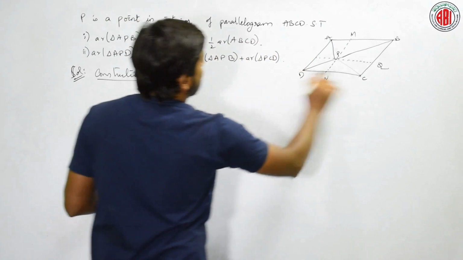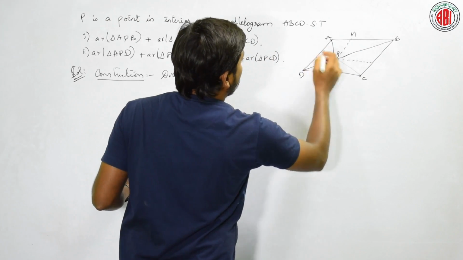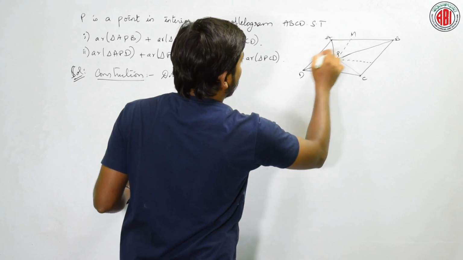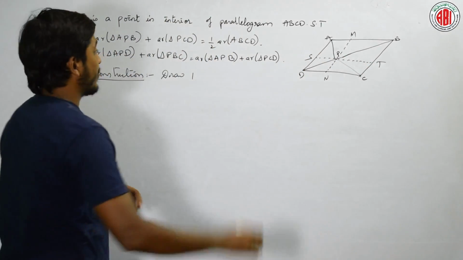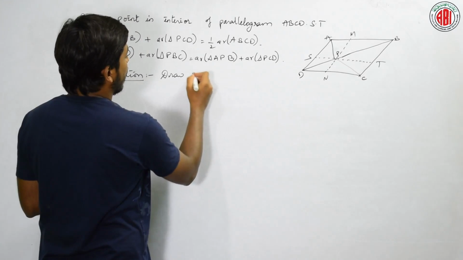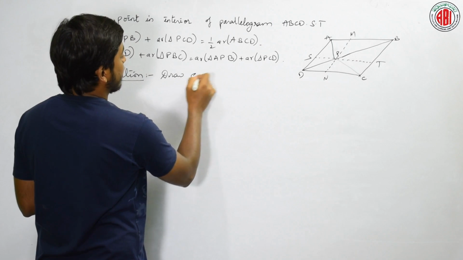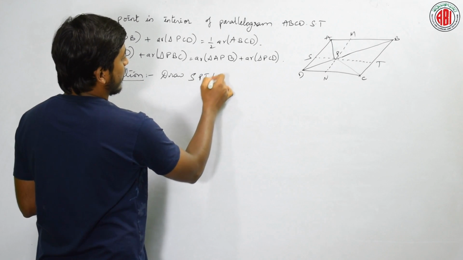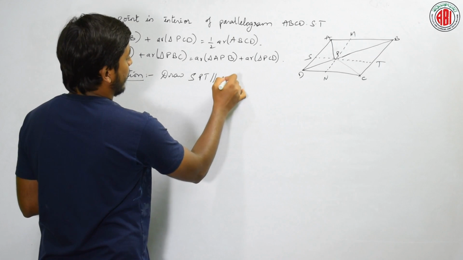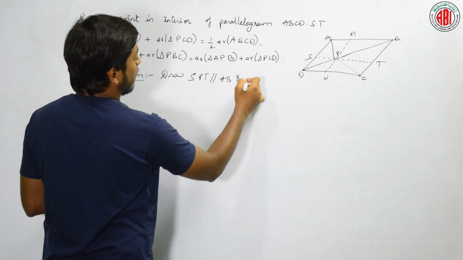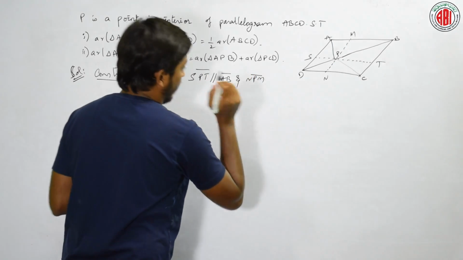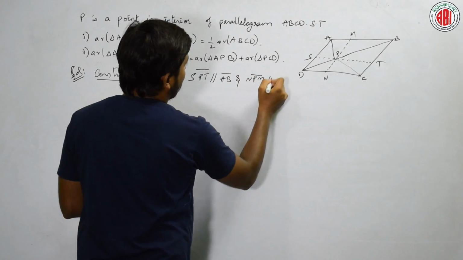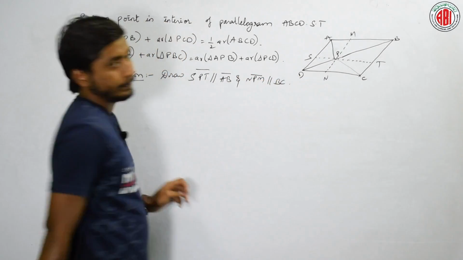MN is already there, let us write it as S and T. Now let us draw ST, SPT, which is parallel to AB, and NPM, this is a straight line. Remember, even if I write 3 letters, it should be a straight line parallel to BC.